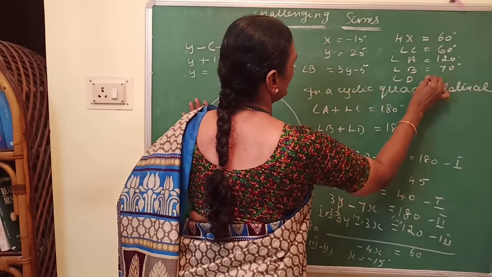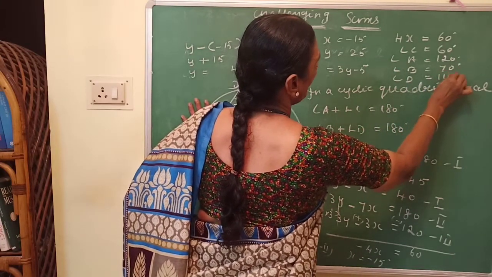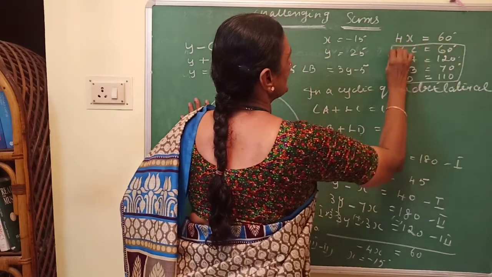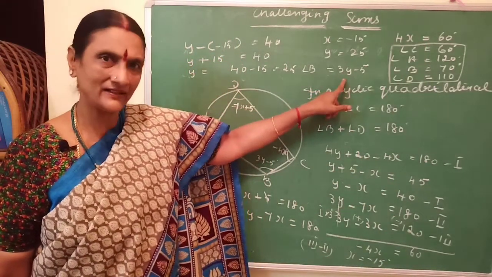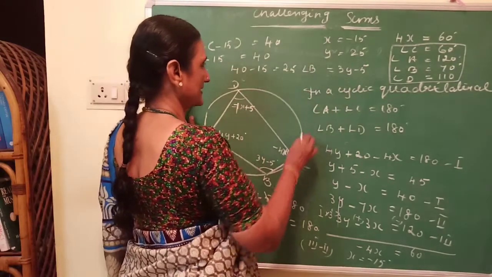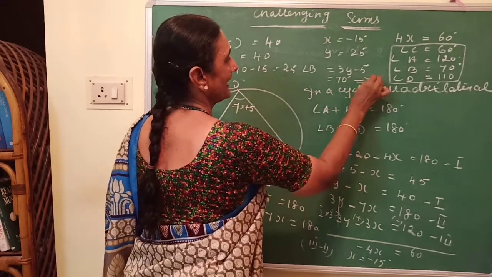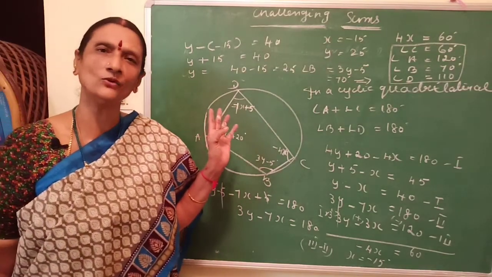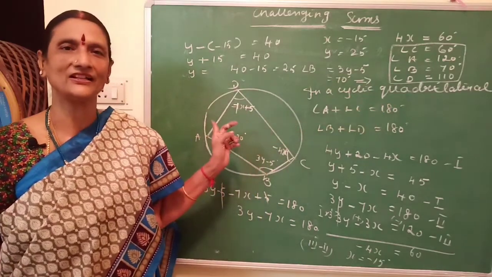Angle D is equal to 180 minus 70. That gives you the answer 110. So, this is how you have to complete the sum. That is, angle B is equal to 70, which implies angle D is equal to 180 minus 70, giving you a value 110. Therefore, the four angles are listed here, and that is your solution.